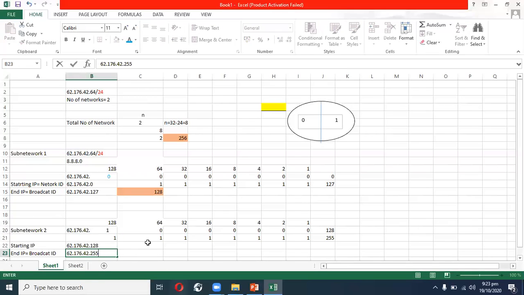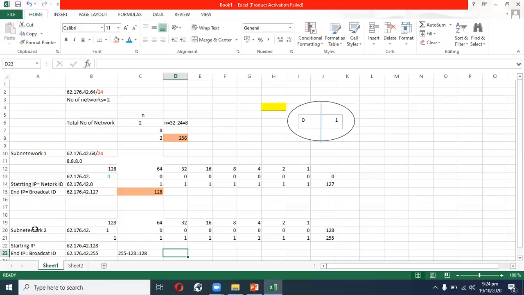62.176.42.255. Now, how can we check if these IPs we have gotten are correct or not? First, we took this IP and found the total number of networks. We got 256. This is the total number of networks we can get. Now we have divided this network into two sub-networks. So 255 minus 128 is equal to 128.